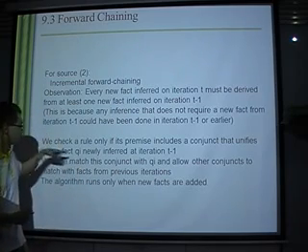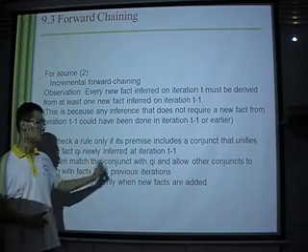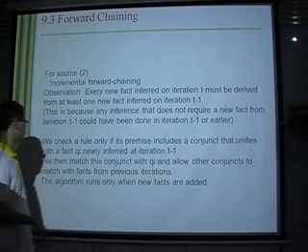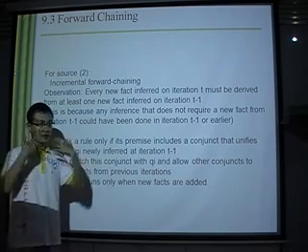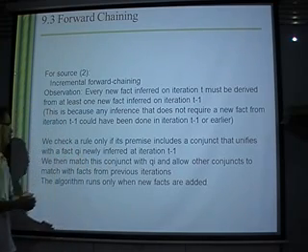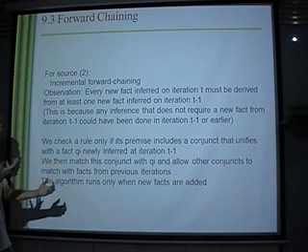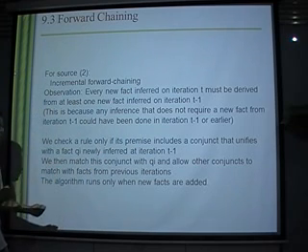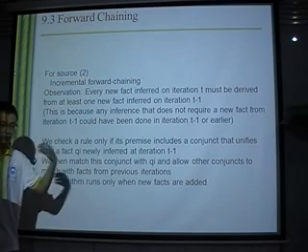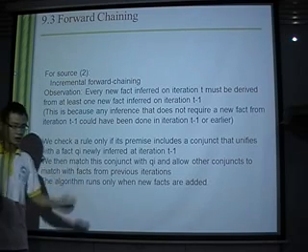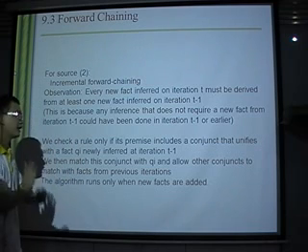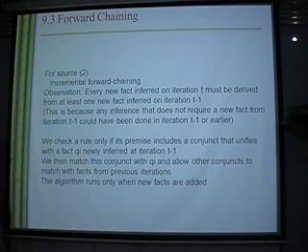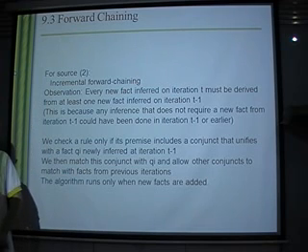So we check a rule only if its premise includes a conjunct that unifies with a fact newly inferred at the previous iteration. We match this fact with this conjunct and let the other conjuncts unify with all the other facts inferred in previous iterations. In this way, the algorithm runs only when new facts are added to the knowledge base.